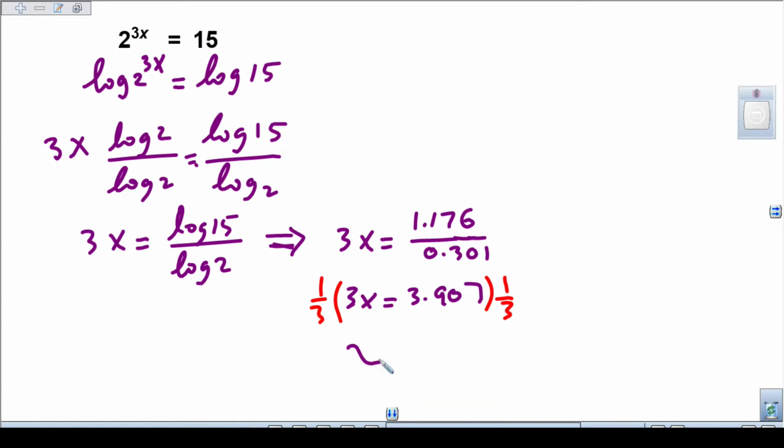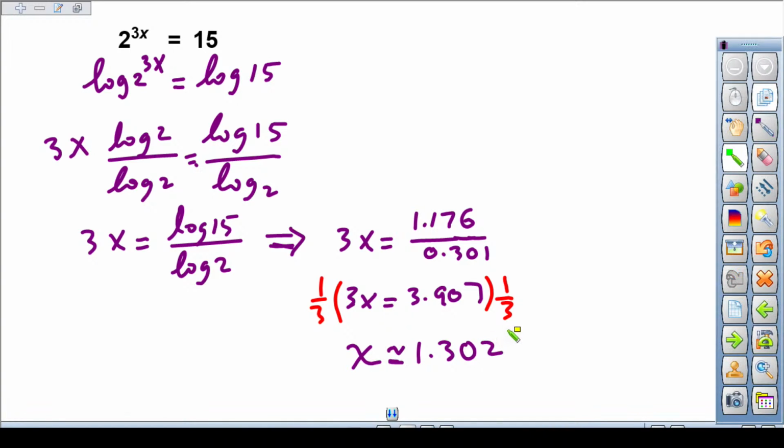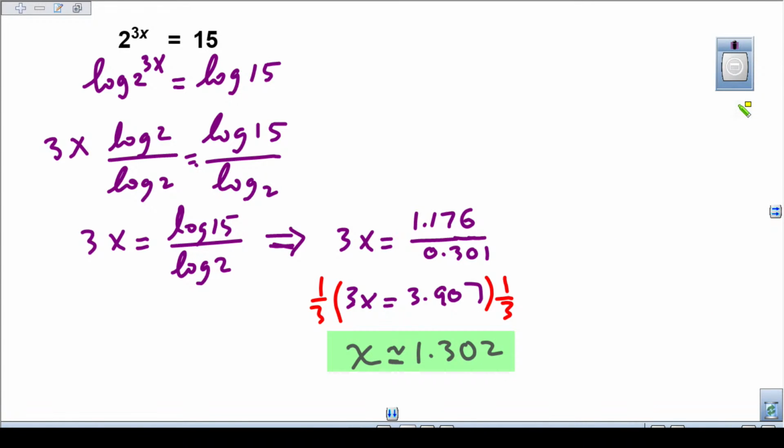X is going to be 1.302, and it's approximate again. You're approximating. And that's going to be the answer for this problem. Approximately that amount. Okay? Any questions on this?